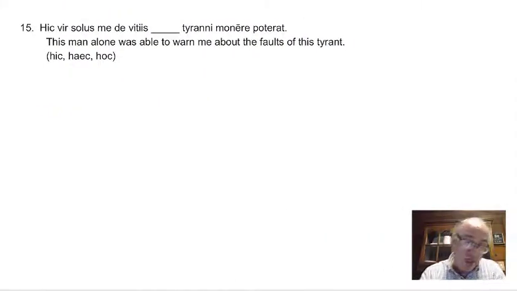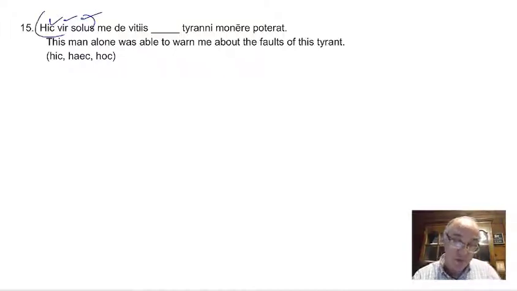This man alone, hic vir solus, about the faults of this tyrant. This is where these sentences get tricky, because you need a word that's right here. Does it need to go this way to tyrants, or this way to vices? I know many of you would miss that. So what is the this talking about?